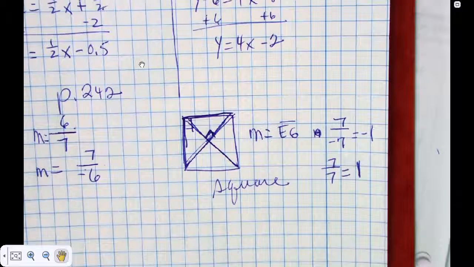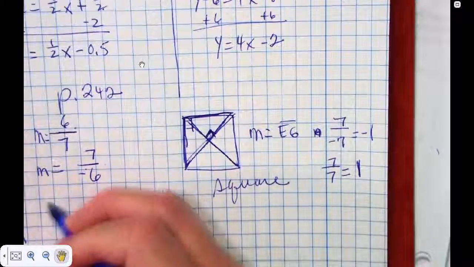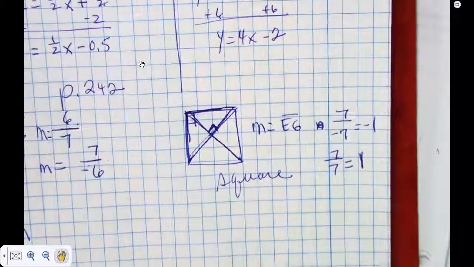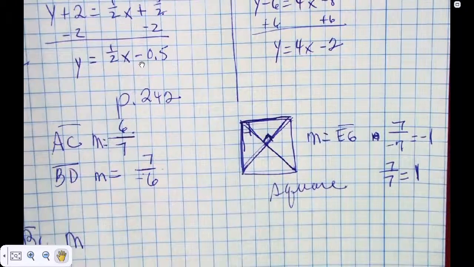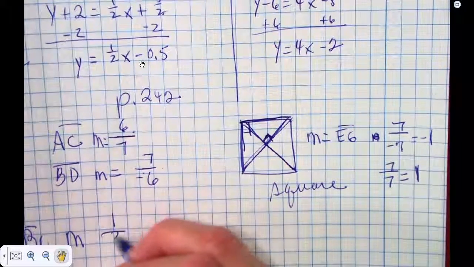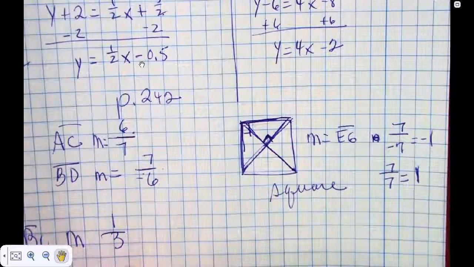But BC and AD look like they might be parallel. All we have to do is get the slope of BC. What's the slope of BC? Rise over run. Good, 1/3. Now do AD.